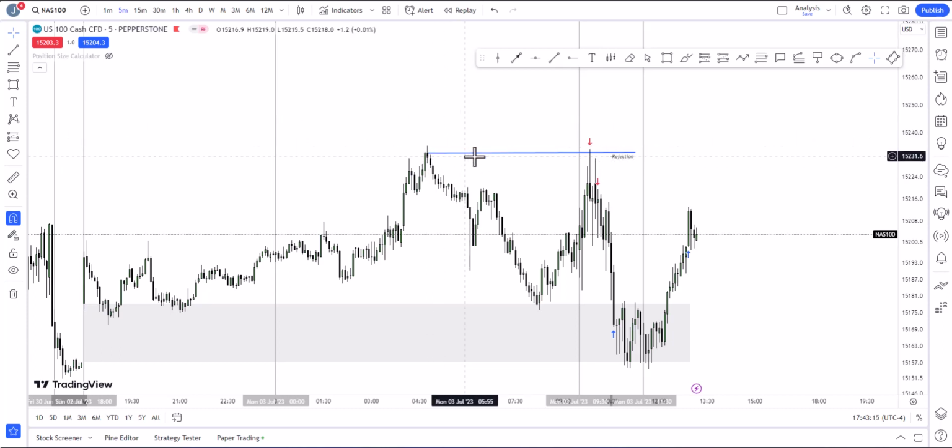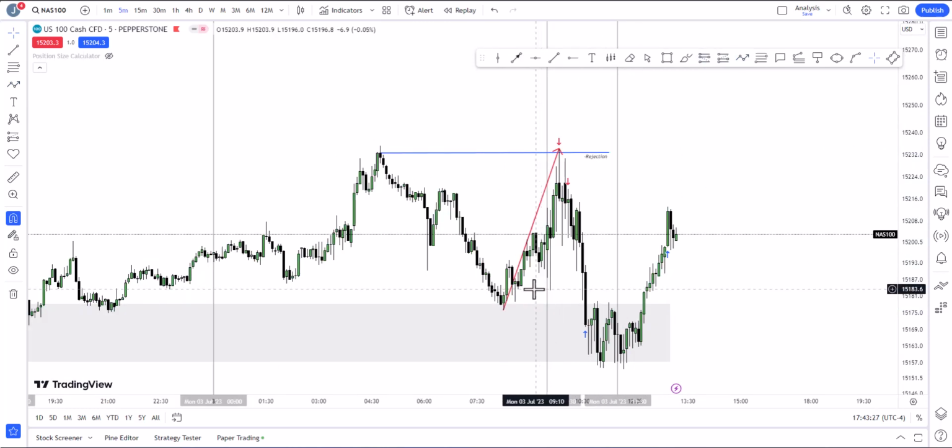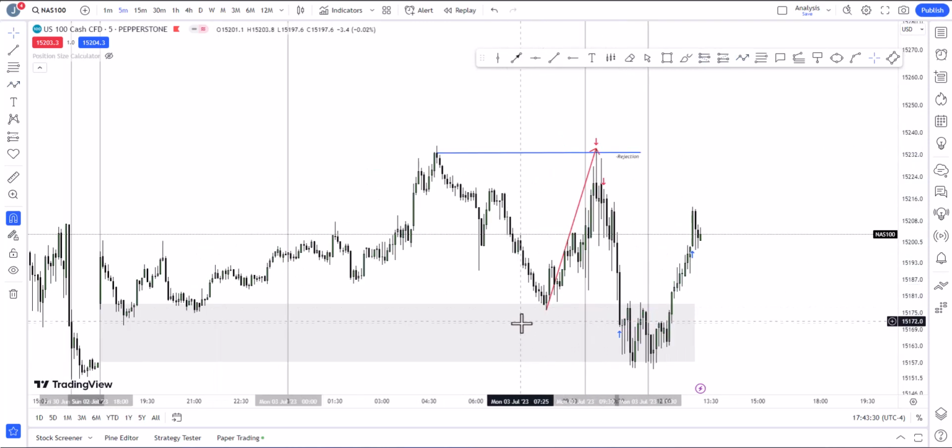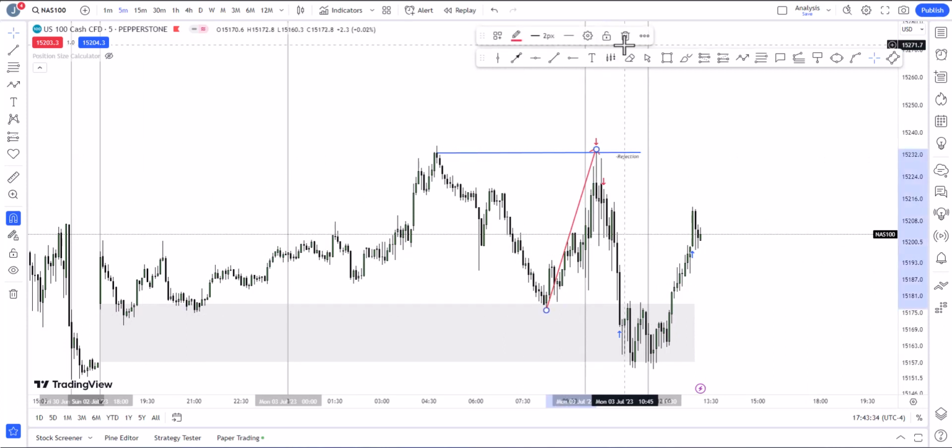I didn't look at the charts until around this time here, but as you'll notice, all of this price action from here to here, the market protracted, basically retraced all the way up into here, and there's that area there.